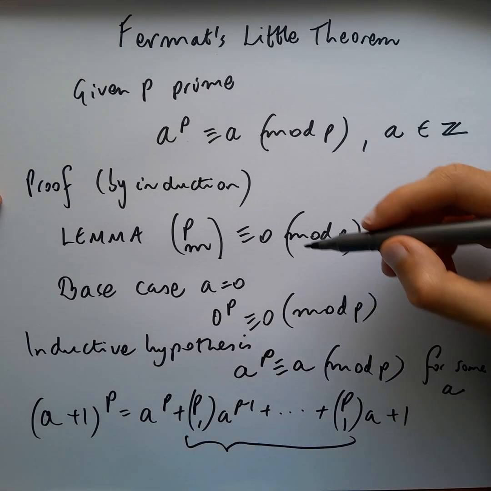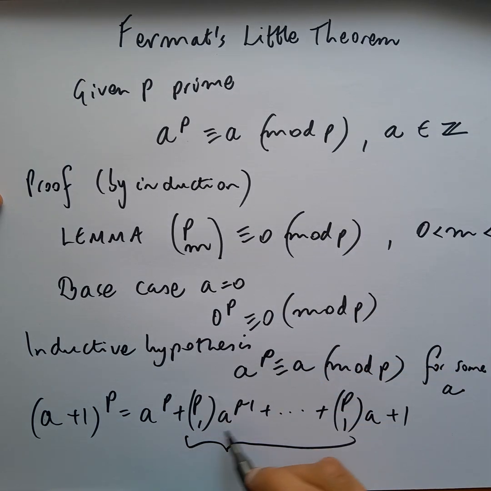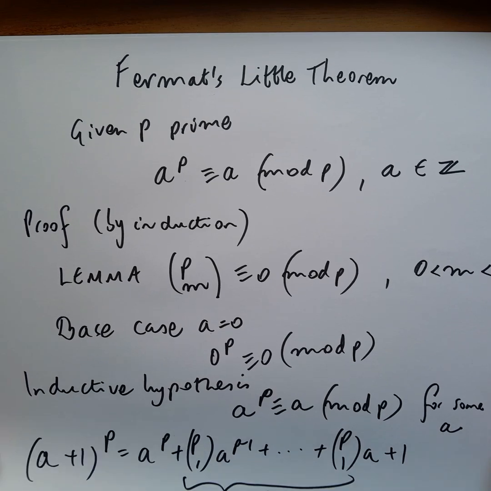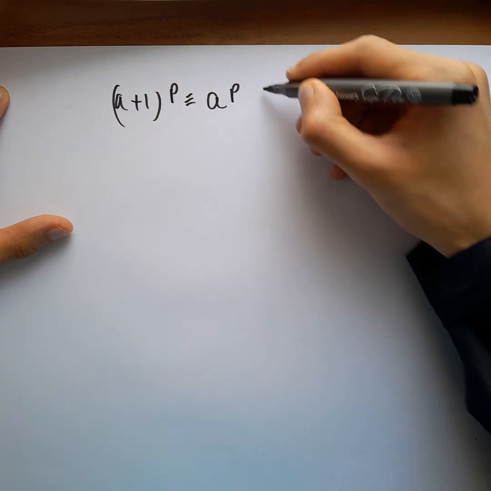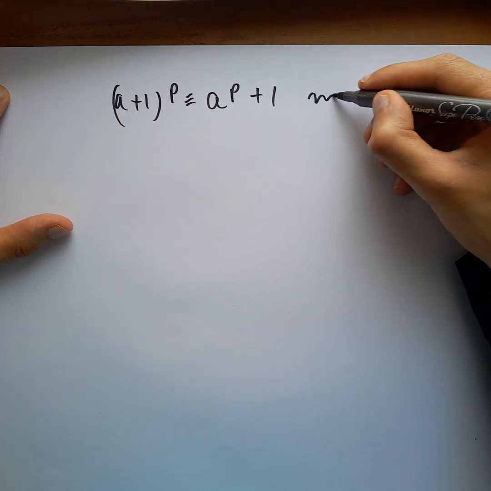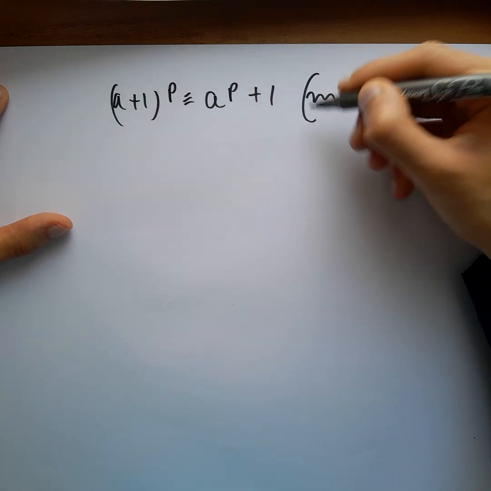And using this lemma, we see that this expression is divisible by p. Therefore, we have (a+1)^p is congruent to a^p + 1 mod p.